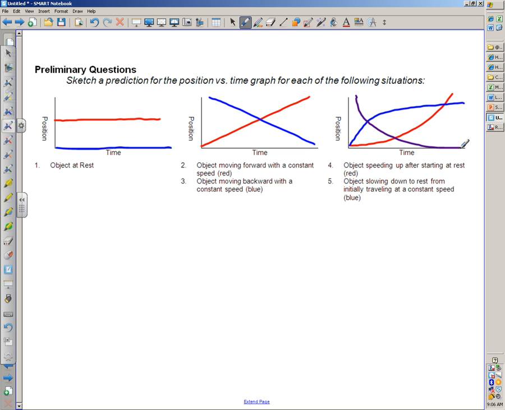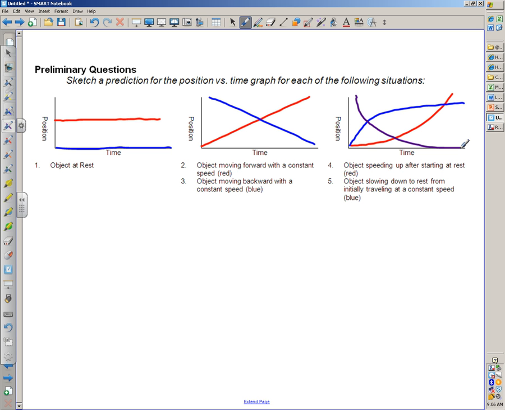This purple line starts off with a real steep slope, but which direction is it sloping in? The negative direction, meaning it's going backwards. But as it goes along, it's flattening out. The slope is becoming less steep. Blue is slowing down, purple is slowing down as well. Okay? Got it? All right.